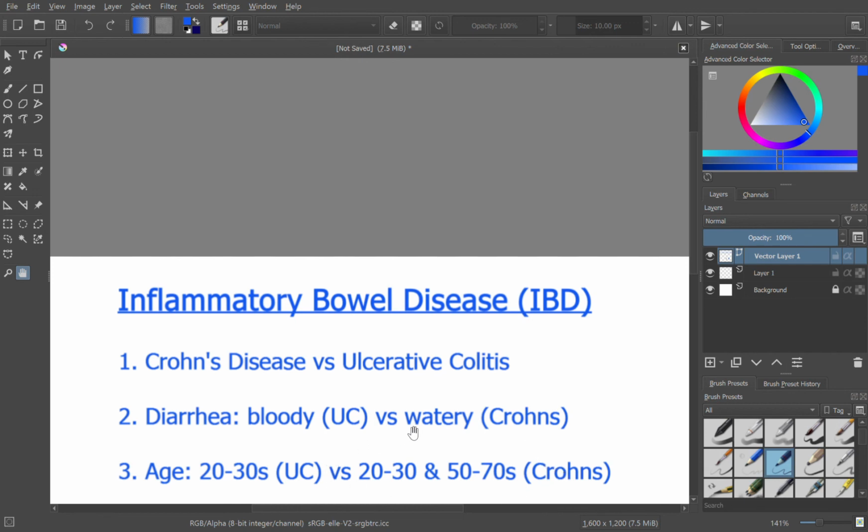So the age is another thing that differentiates the two types. Those were the three golden nuggets that I wanted to talk about with regards to inflammatory bowel disease.